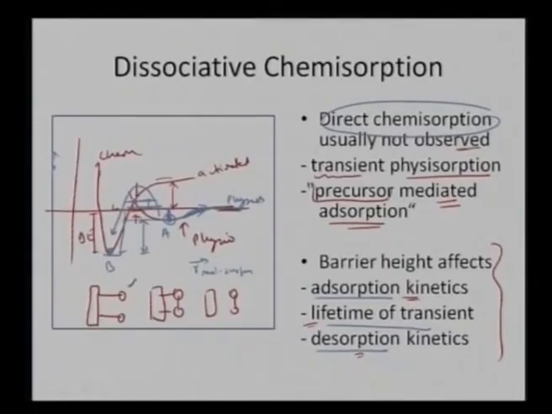So initially atoms go and sit on the surface, and they basically get associated by forming a molecule. That is what is happening. This is what is called a dissociative chemisorption, that we have species arriving as an atom, and then it stays on the surface, and then it leaves depending on their chemical stability.